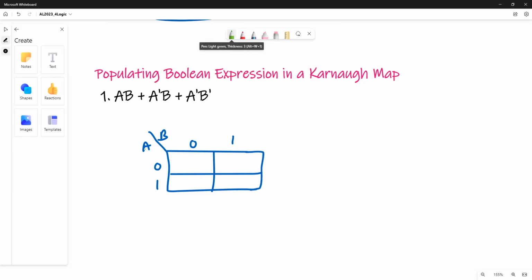AB means 0 represents A bar, 1 represents A. So A, and from other side B means this is B bar, this is B. So this is 1. So what it means, this cell represents AB.